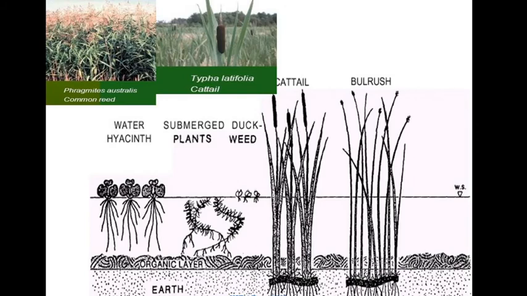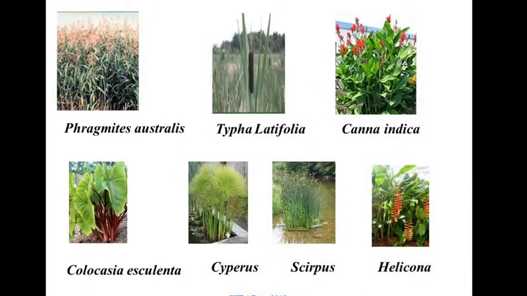So these are some examples of wetland plants: water hyacinth, submerged plant, and cattail and bulrush. These are also some of the very important species used in the treatment of wastewater. In day-to-day life, we can see this type of plants nearby lakes and nearby water.